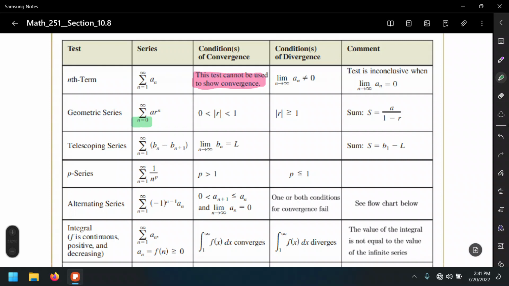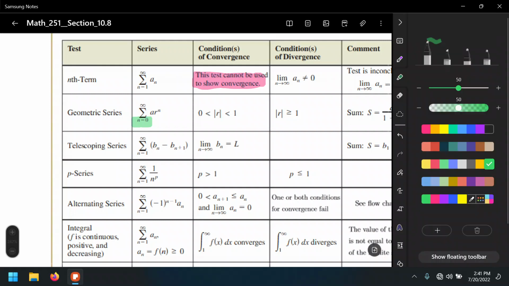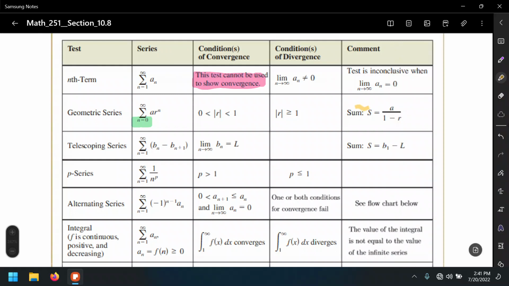All right, so it converges when the absolute value of r, the number that gets raised to the n power, is a fraction between 0 and 1, and diverges otherwise, when r, the common ratio, is either equal to 1 or greater than 1. As a comment, this is one of the series for which we can find the infinite sum, along with the telescoping series.